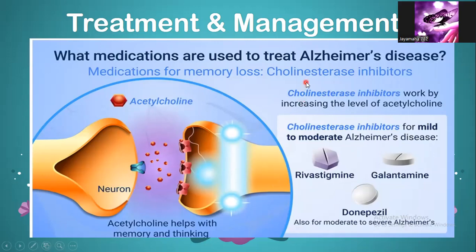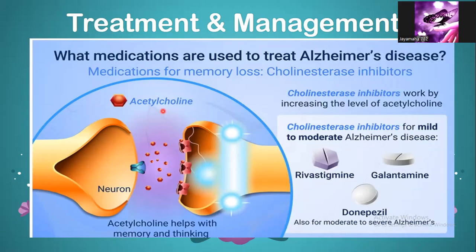The cholinesterase enzymes, especially acetylcholinesterase, play a key role in breaking down acetylcholine, which is a neurotransmitter essential for memory, learning, and cognition. In Alzheimer's disease, there is a significant loss of cholinergic neurons, leading to reduced acetylcholine levels in the brain. So it leads to cognitive decline.